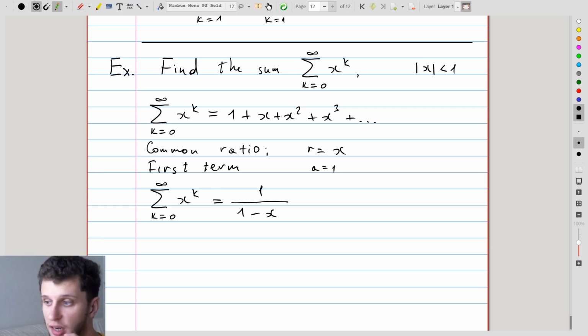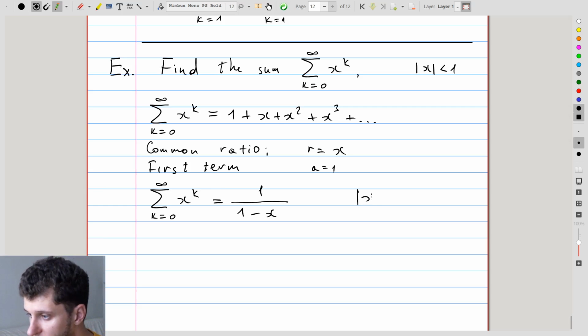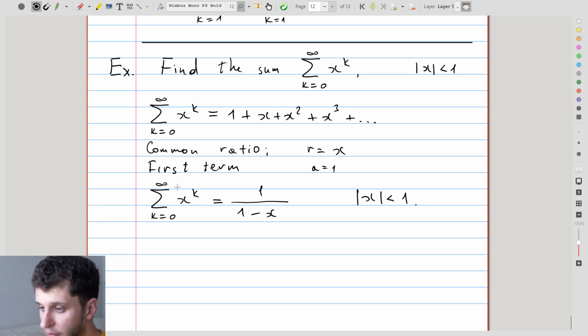Now, something fascinating happened here. We have an equality which we know is true when the absolute value of x is less than 1. And what this equality tells us is that this infinite sum of terms, each of which is a polynomial in x, is equal to this function. Right?